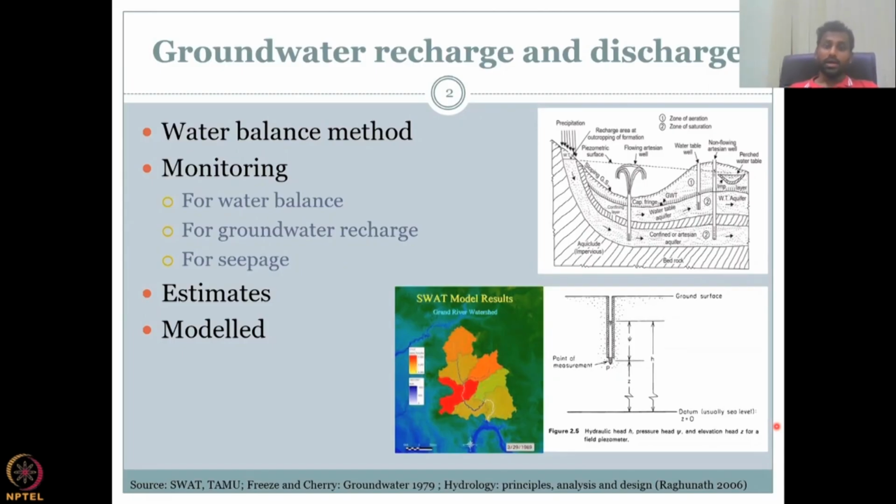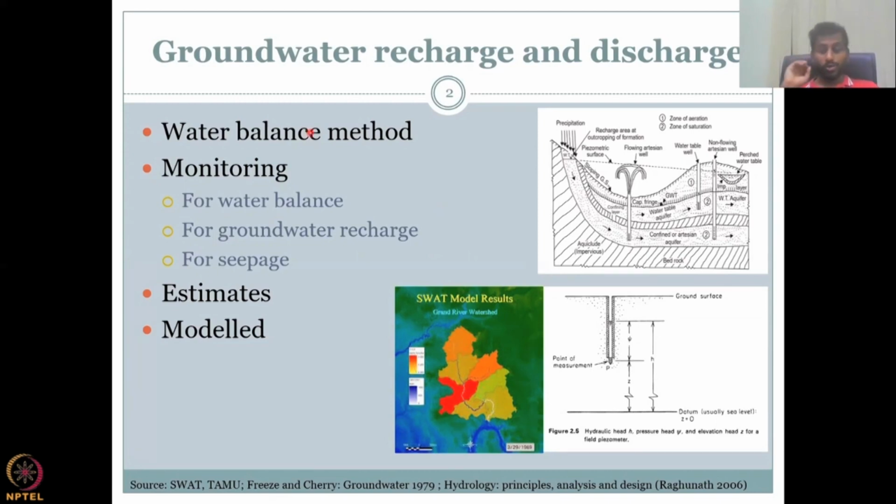So for that, we are going to look at the common methods in which these are assessed. We looked at the processes, now look at how they are assessed. It could be different for recharge and discharge, but there are some methods that can capture both. For example, the water balance method.